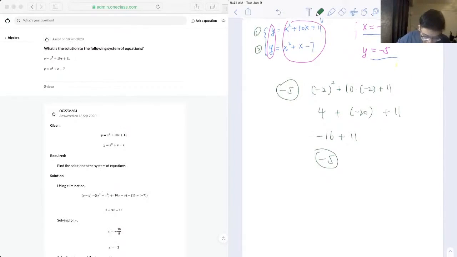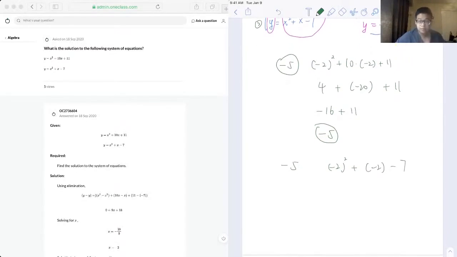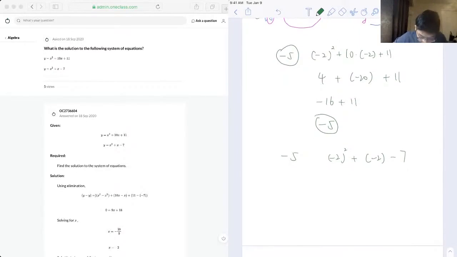And now let's check the second one. So -5 is equal to -2 squared plus -2 minus 7. After calculating that, we have 4 plus -2 minus 7, which gives us -5 on the right hand side as well, and on the left hand side we still have -5.